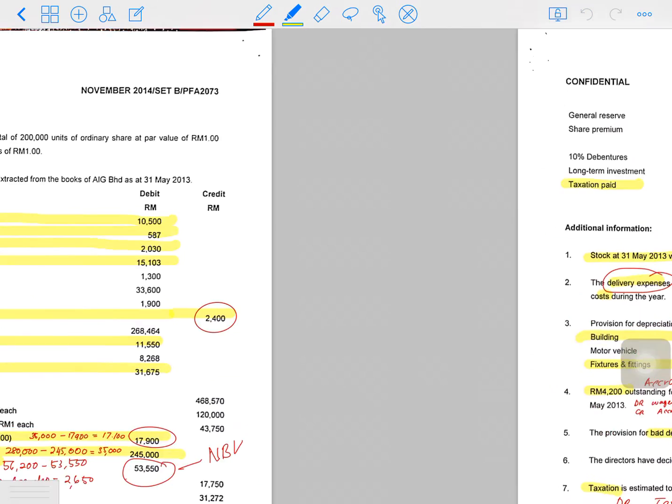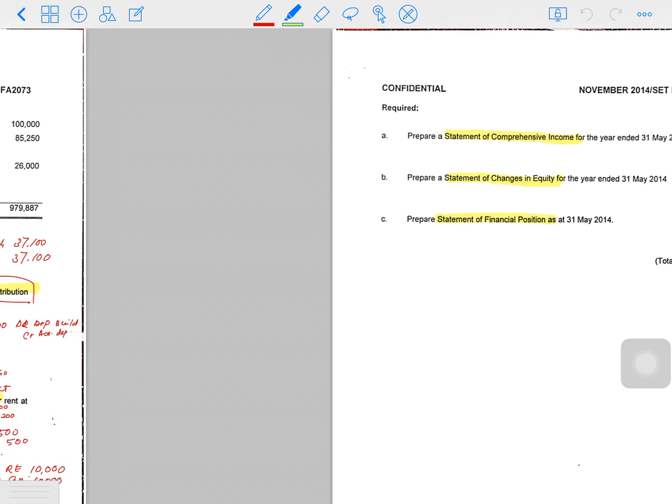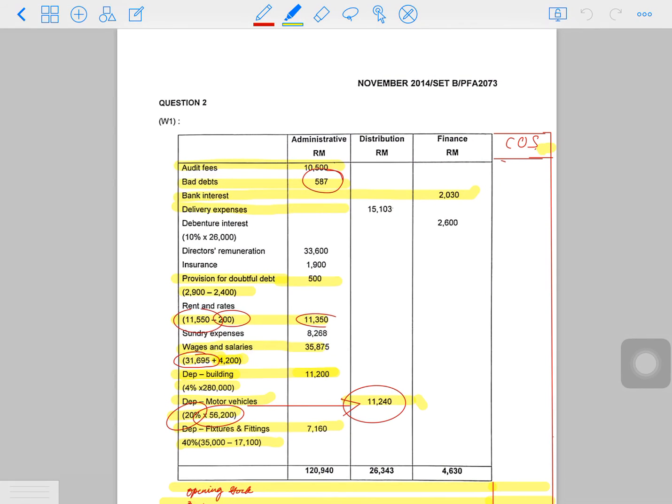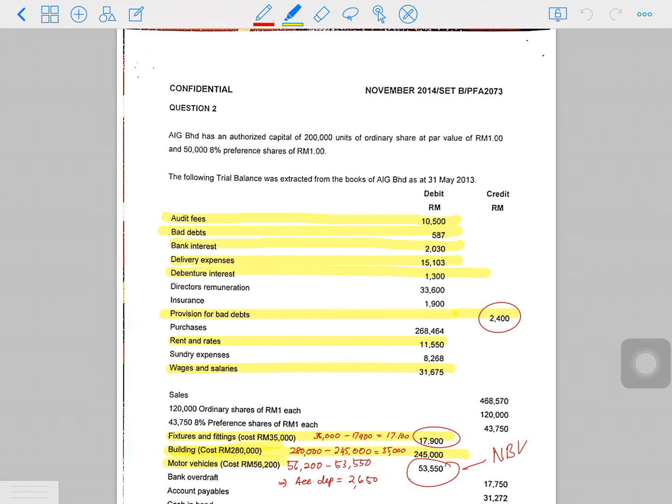Okay, next we have the item delivery expense. Earlier we dealt with debenture interest. Where do we put it? It is also an interest, right? Debenture interest we will put in finance cost. So for debenture interest, how much does it say there? 1,300, right?